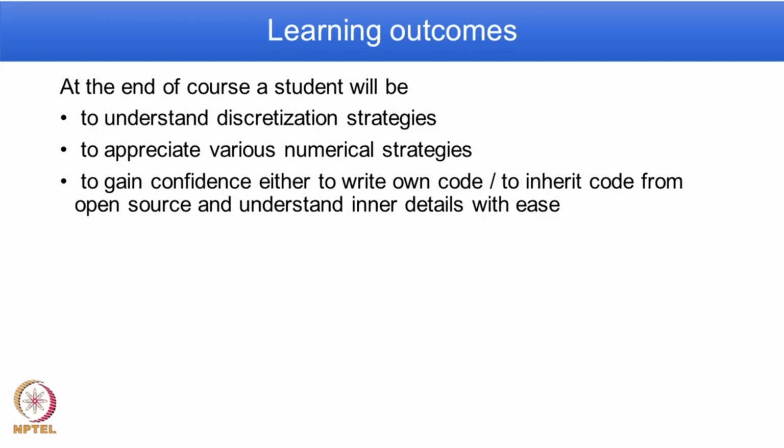If a code is inherited from some other person or source, then it also requires equivalent skill to understand that code.